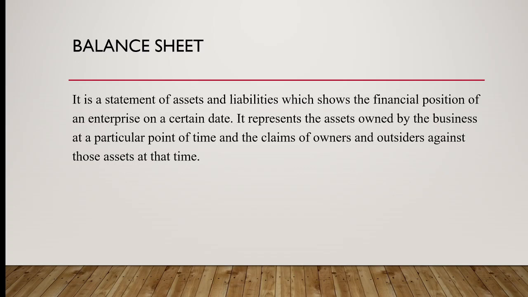So in case of a business firm, we call it shareholders' equity or shareholders' funds, which is the paid up share capital as well as the reserves and surplus, which is the retained earnings, which represents the undistributed profits. So the balance sheet contains all this information which represents the financial position of a business enterprise on a certain date.